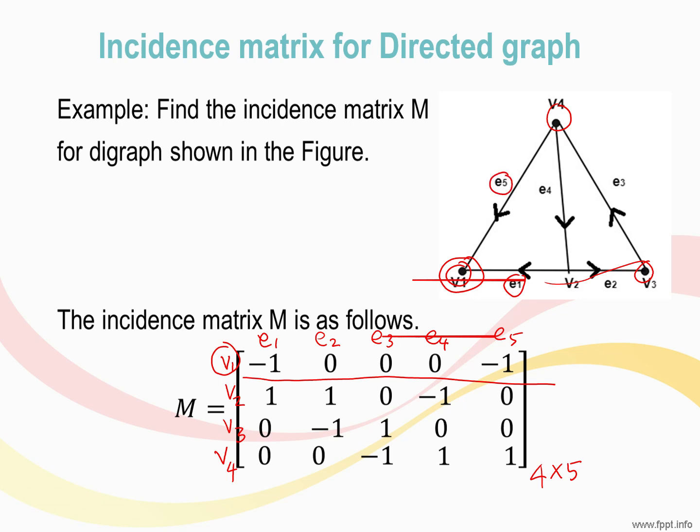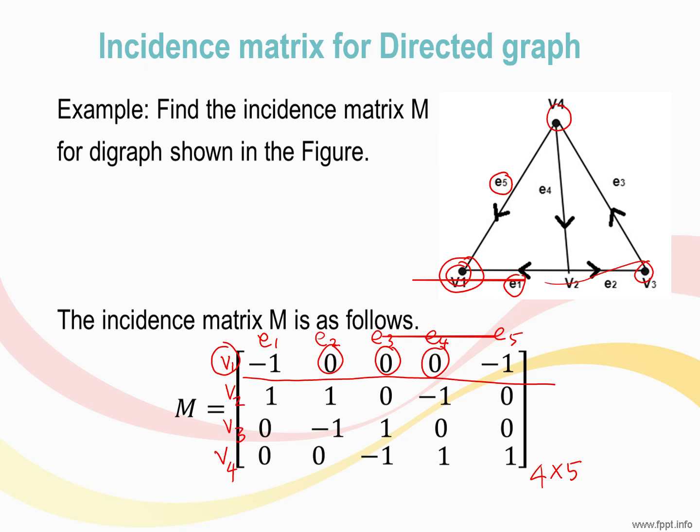Other than that, V1 is not incident to E2, E3, and E4. So in the first row, you have the element V1 E2 equal to 0, element V1 E3 equal to 0, element V1 E4 equal to 0. While the element V1 E1 equals -1.